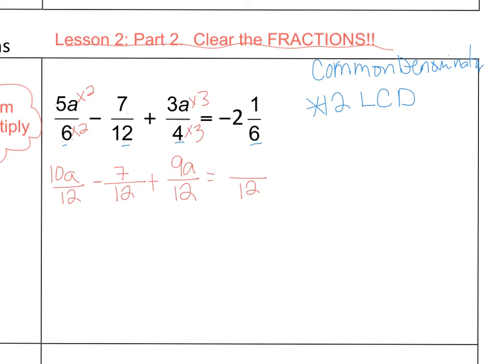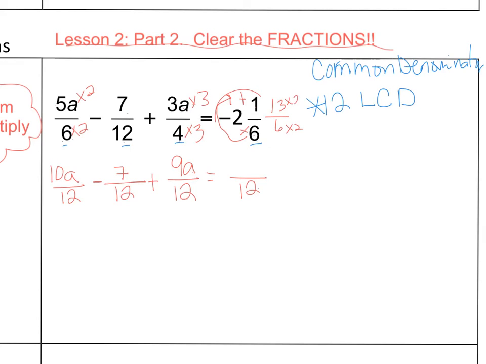This one, I want to get rid of that mixed number just because it's going to cause us issues in the future. So let's go ahead and do our cartwheel. So 6 times 2 is 12 plus 1 is 13. So that's going to be a 13 over 6. Okay, so let's think about that. And to times it by 2 would get me to 12.